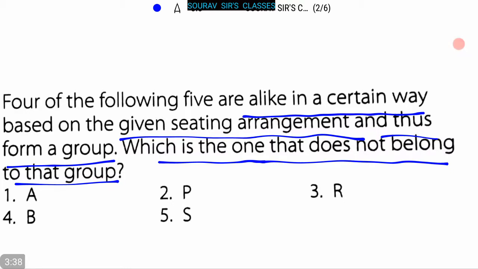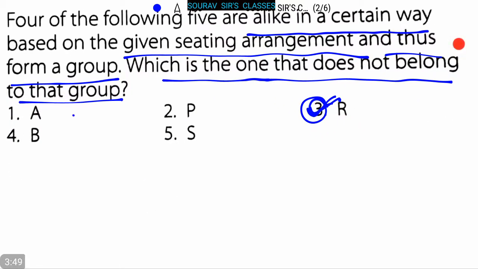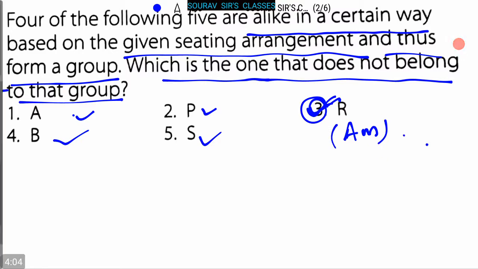So here, except R, all others are sitting at the extreme ends of the line. So except R, the other four, A, P, B and S, are seated at the extreme ends. So here R is the correct answer.